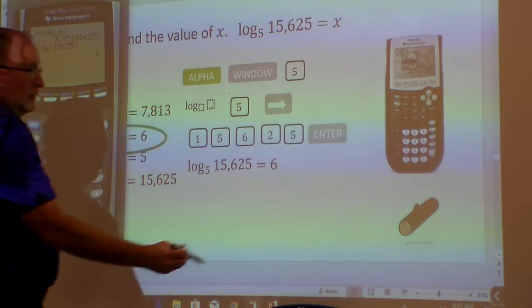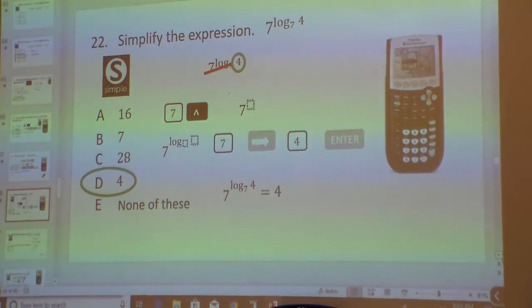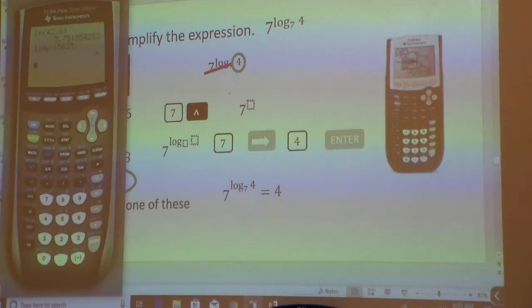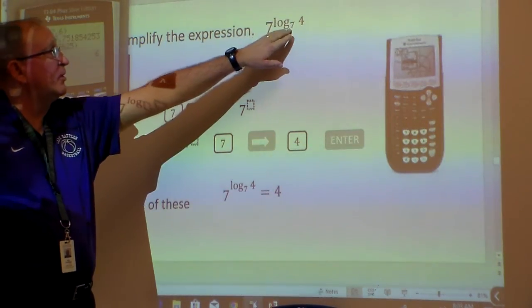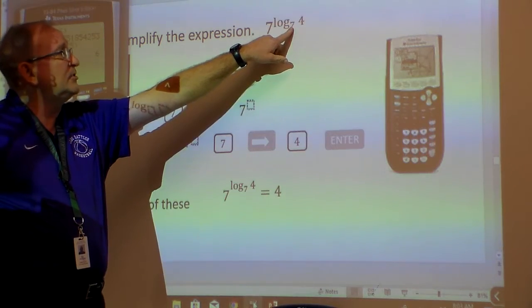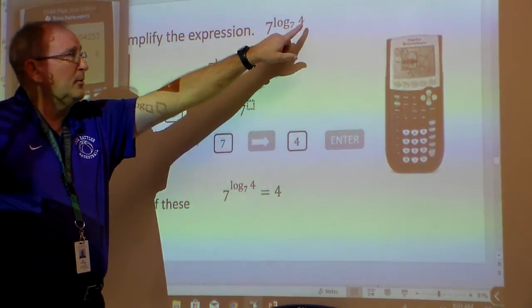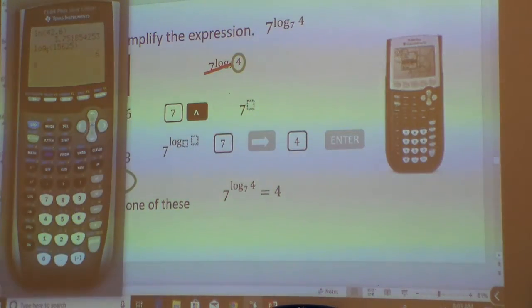All right. Let's see if I can get away with this. Here's the next problem. Okay. Now technically, if we simplify this expression, you can just cross these out because this means 7 to the what power equals 4. Well, whatever I get for my answer, I want to take 7 to that power, so guess what I'm going to get? 4. You can cross that out, but if you don't remember that, you could do this here.